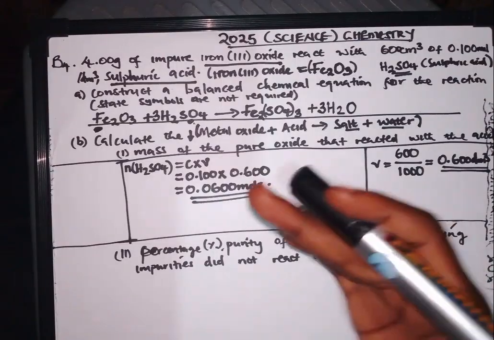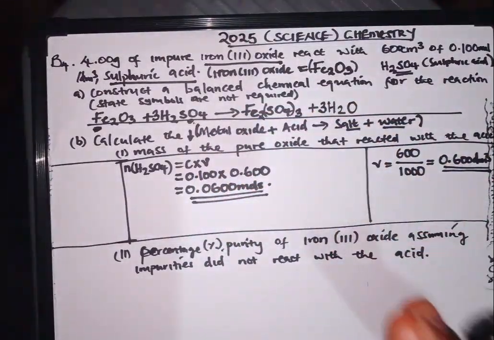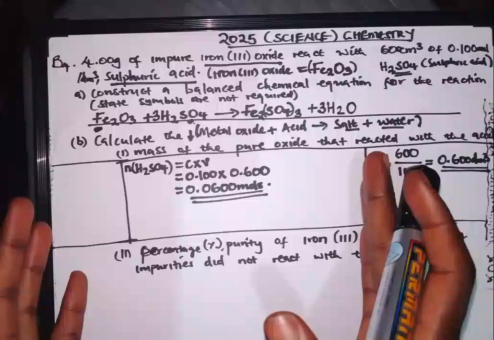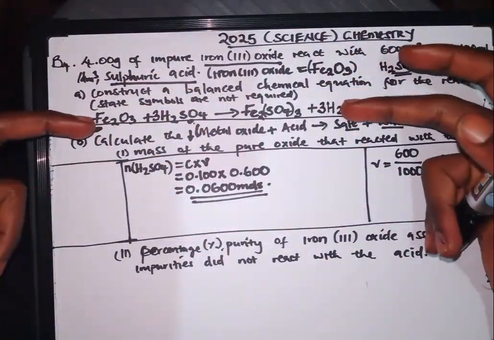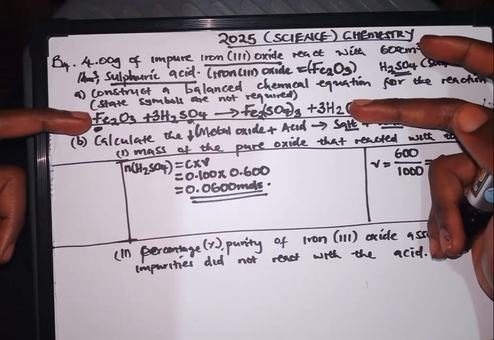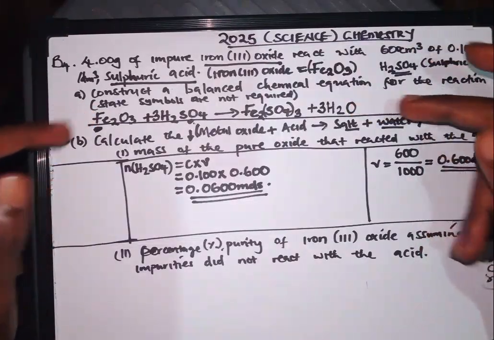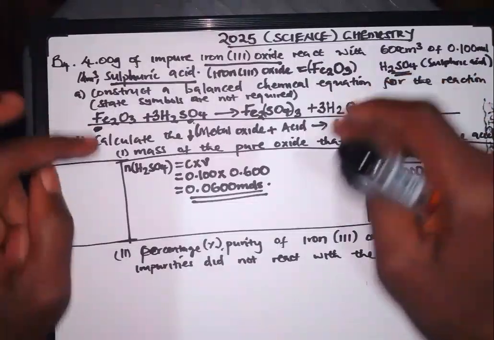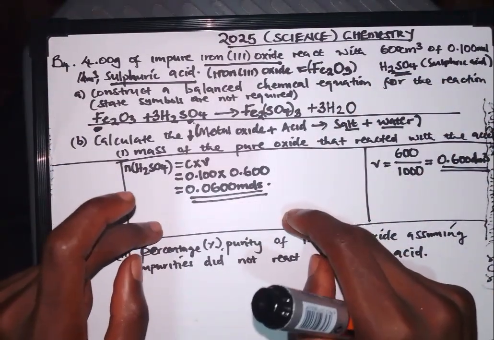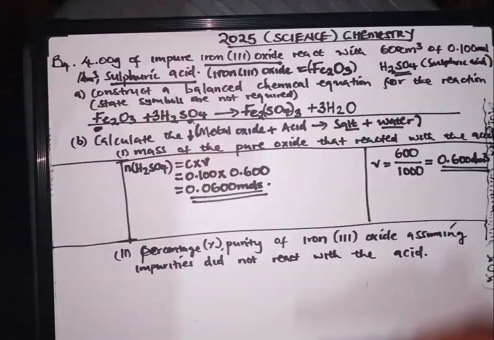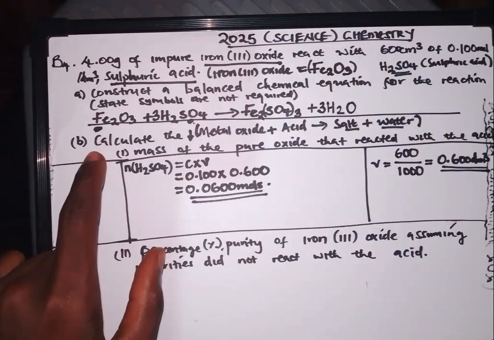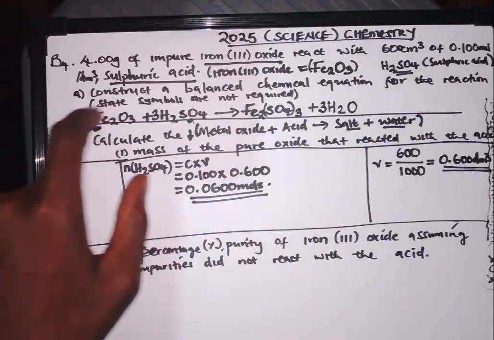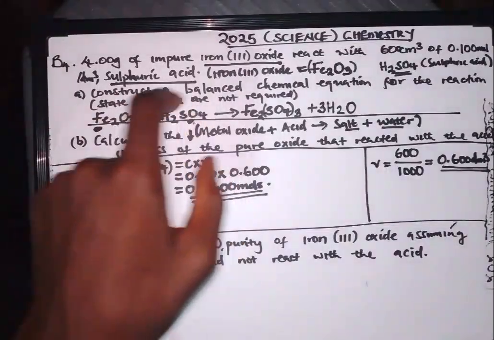Since now we have calculated the number of moles, we have to compare now using the balanced chemical equation. So this is now where you have to use this equation you wrote here. If this equation of yours is wrong, meaning even here your calculation will be wrong. So how do we compare now? Remember, they want the mass of this pure oxide which reacted.